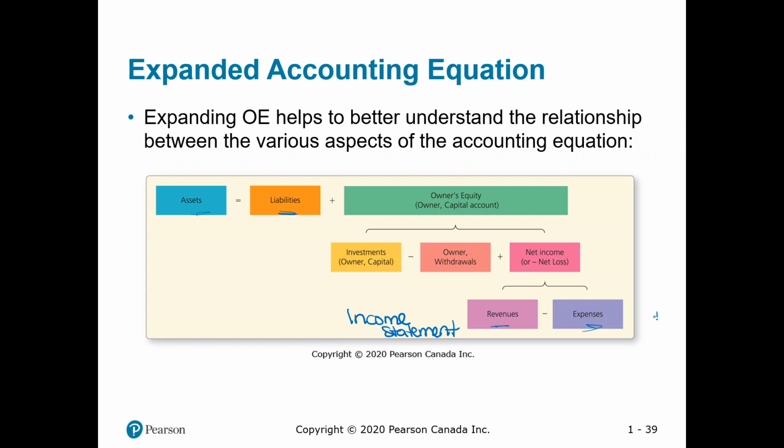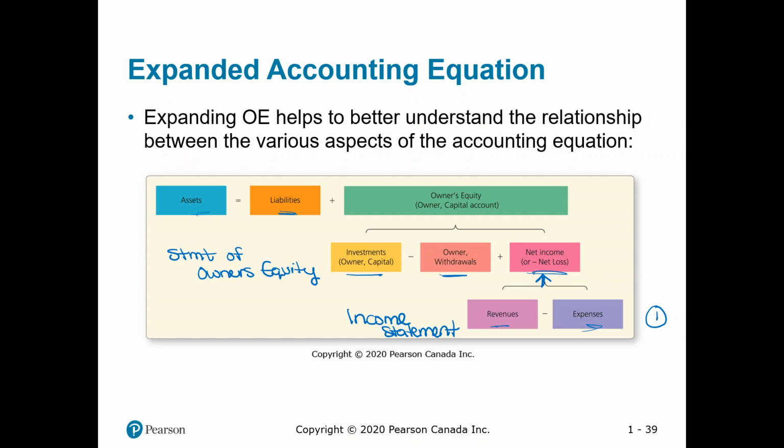So the first one we do on the income statement, we put our revenues and expenses, we're getting our net income. That, as you can see here, flows up and it goes into our statement of owner's equity. So that's the second line here. We know we add investments, take away any withdrawals, and add net income.